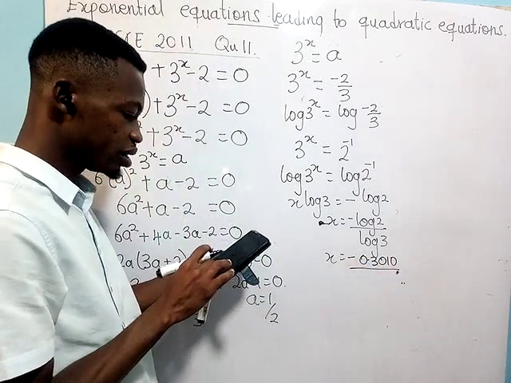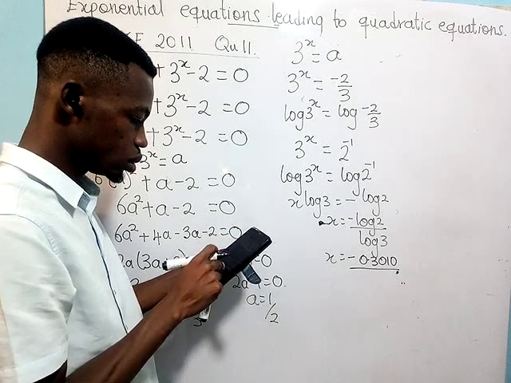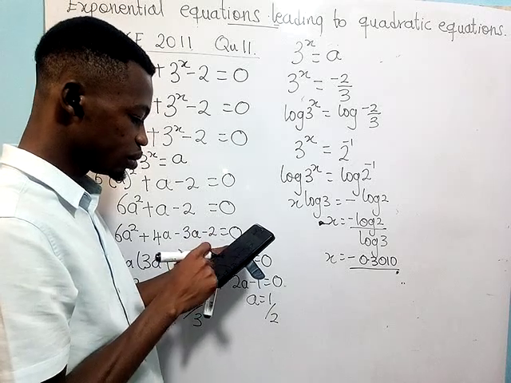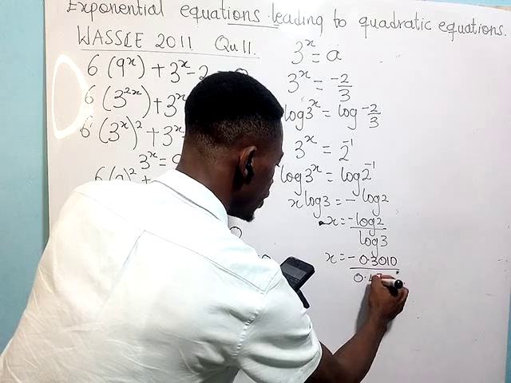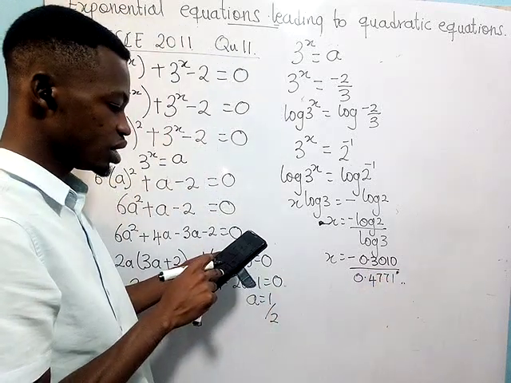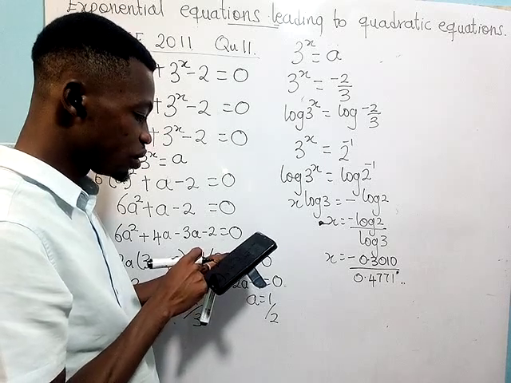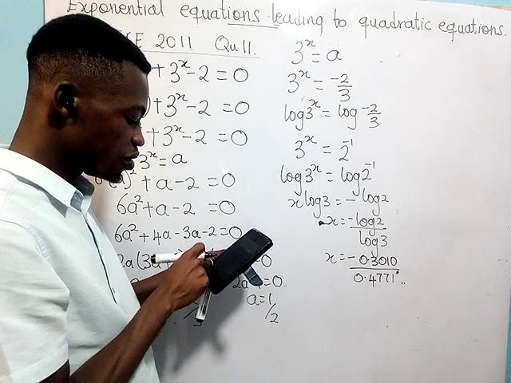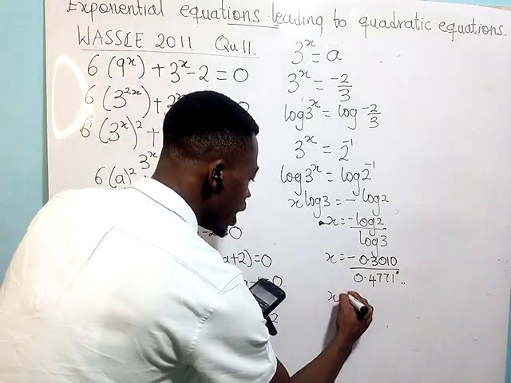Then for log 3, it is going to give us 0.4771. Now, when we divide 0.3010 by 0.4771, we obtain x as 0.6308.